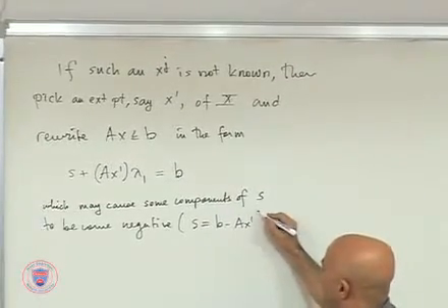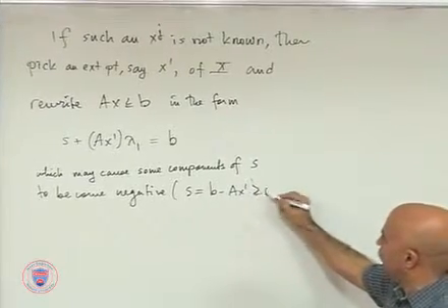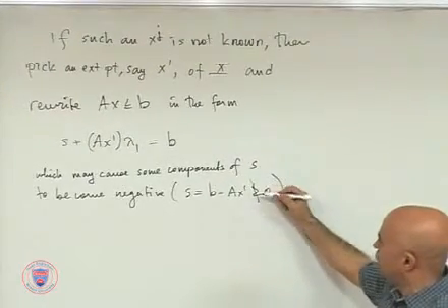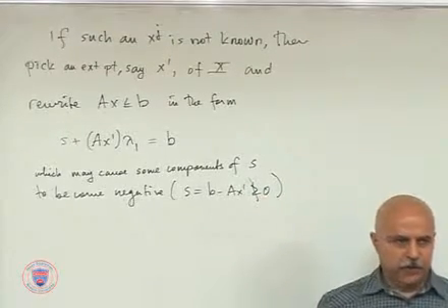Lambda 1 will be 1. That's going to be the value, and there's no guarantee that this will be greater or equal to 0. In general, if this is not satisfied, you will have at least one component which turns negative. Okay?